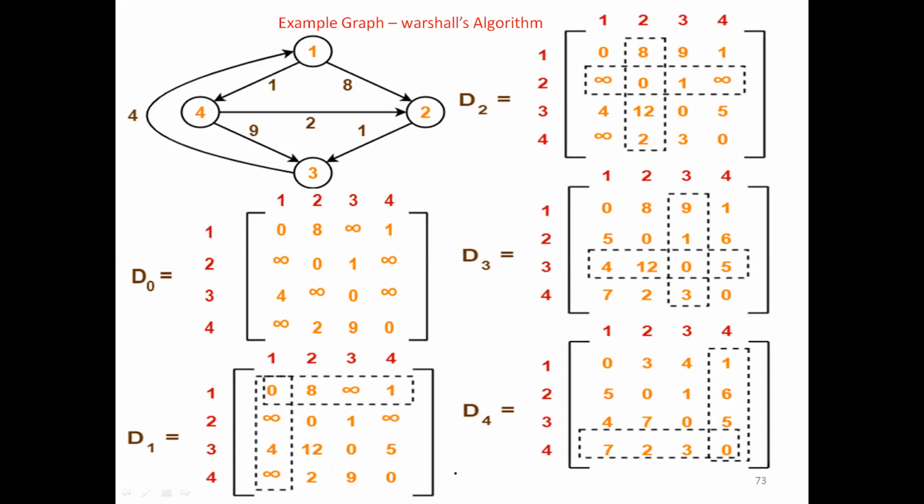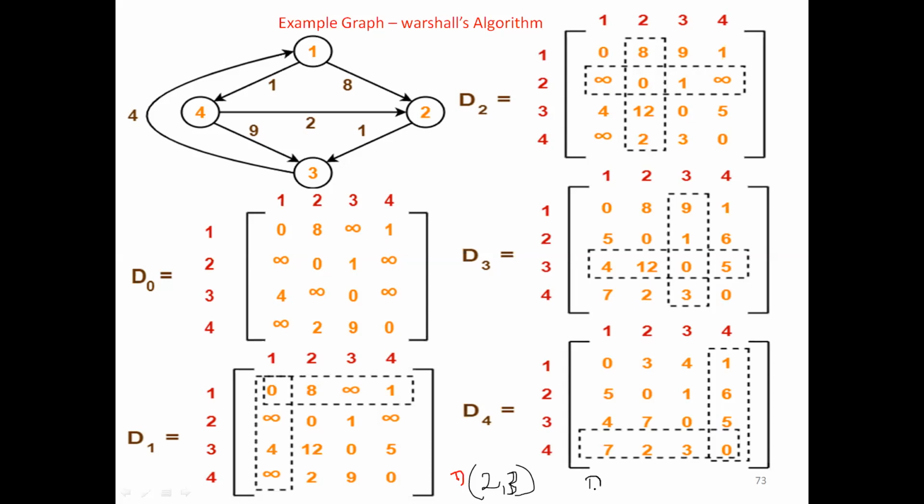I'll draw here. D of 2, 3. Okay, so to reach 3 via 1, I will include 1 between 2 and 3. What is that?